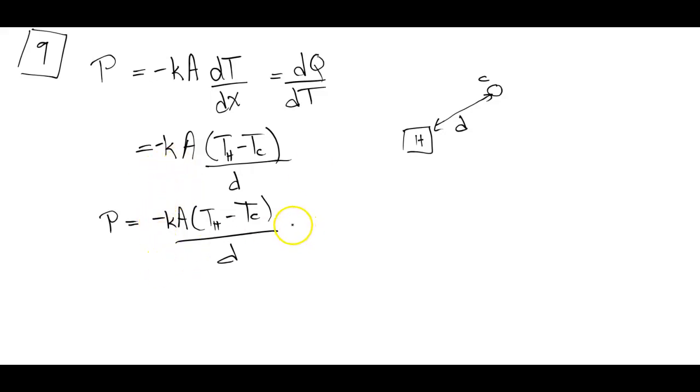We are told that the thermal conductivity is 0.01 watts per meter times degrees Celsius. The area of the box that we are dealing with is 0.95 meters squared.